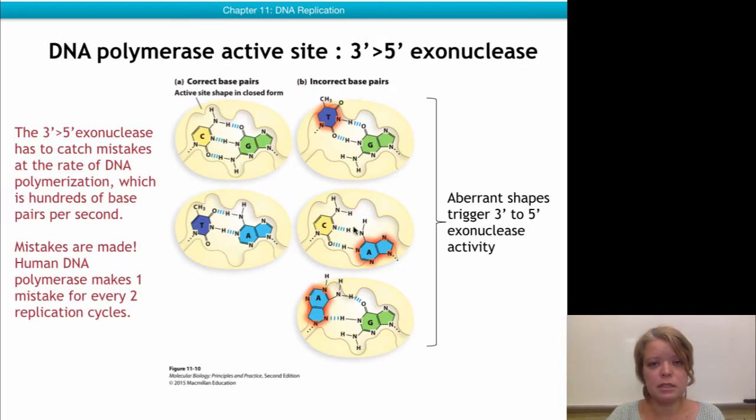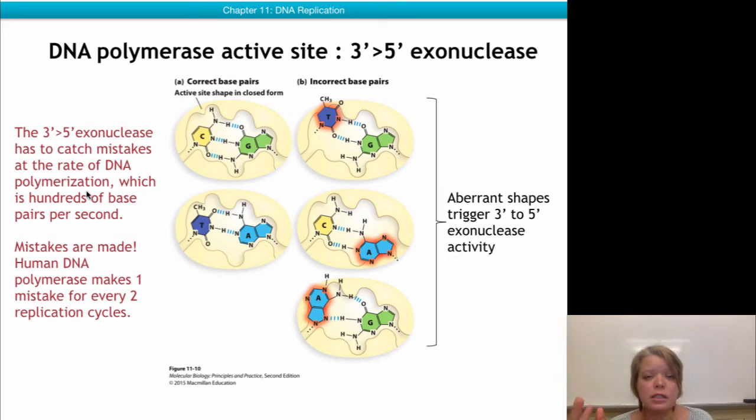So you guys can see in this slide that you have seen before that it's the wrong shape of the incorrect base pairs that doesn't quite fit into this exonuclease site, placing the base pairs close enough to the catalytic magnesium to break the phosphodiester bond.